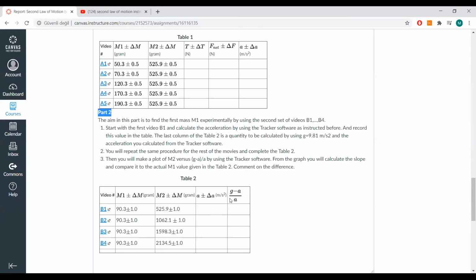The (g minus A) over A value should be calculated and recorded in Table 2 for each video.